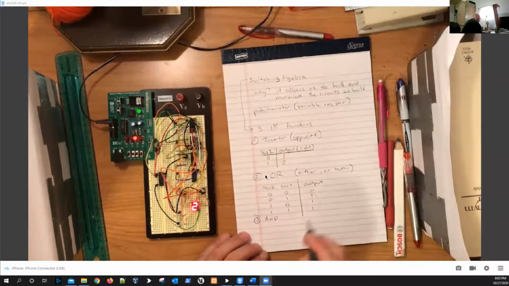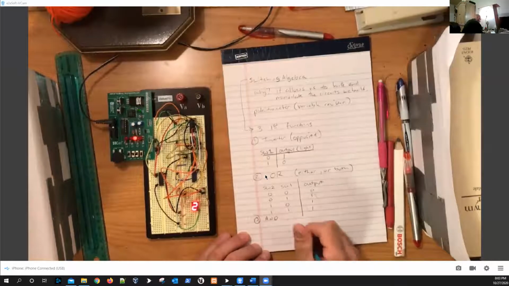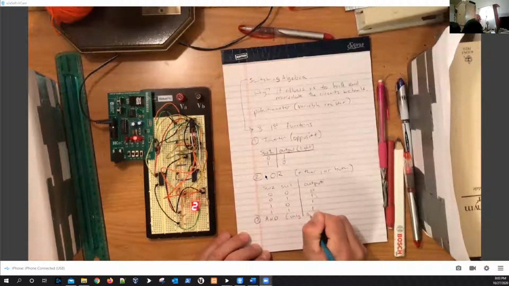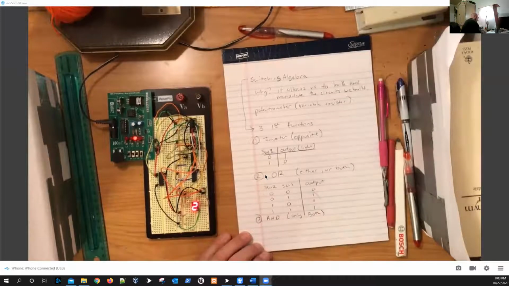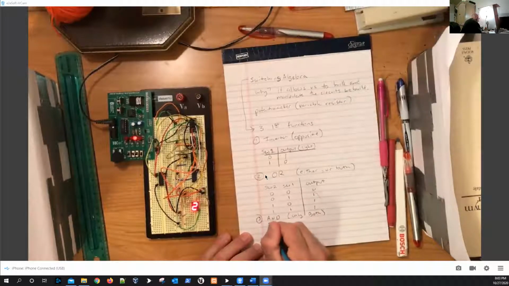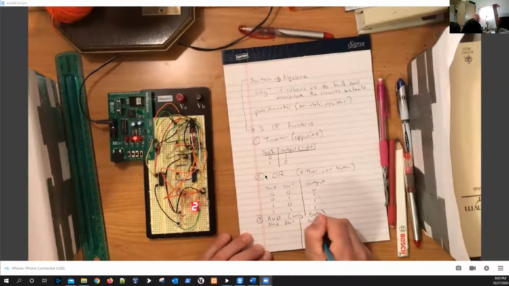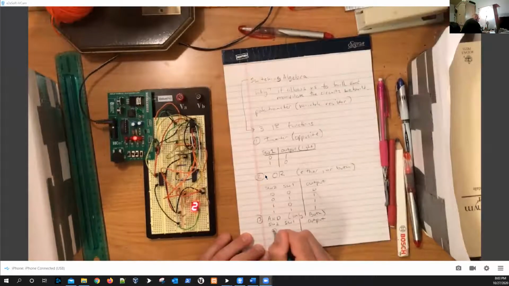And then finally, we have AND. For this one, you think only both. I'll do a computer simulation of these two. Again, we put every combination of inputs here.